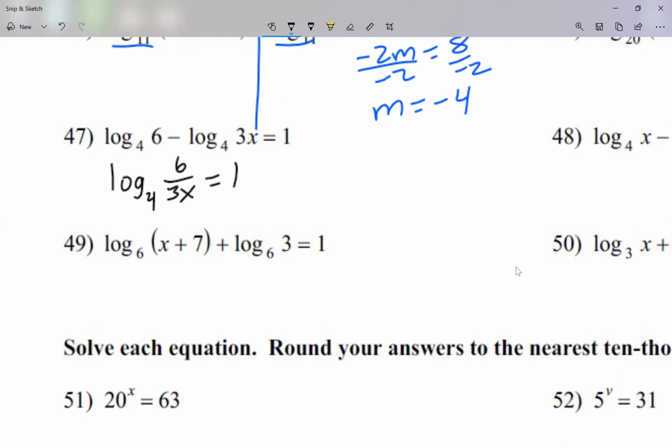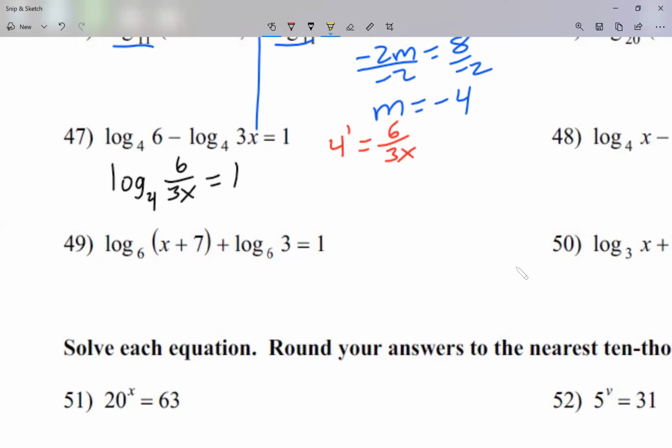Now, because I have log only on one side, let me rewrite this in exponential form. Remember exponential form, I've got to write this as an exponent. So I'm going to go 4 to the 1 equals 6 over 3x.